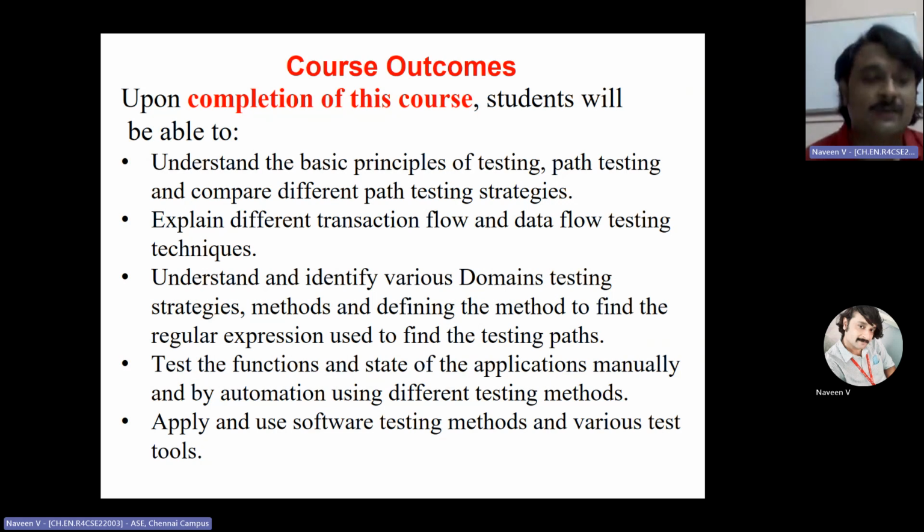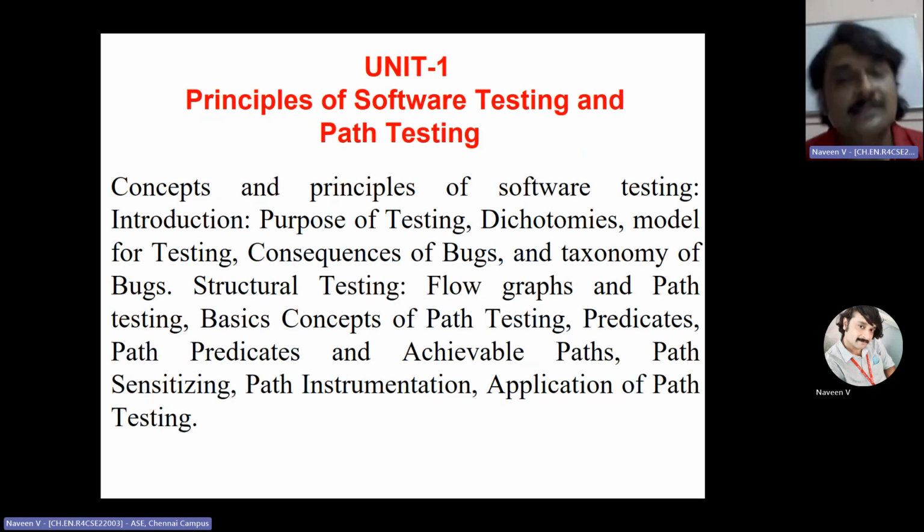Okay, so next we'll move on to unit 1. In unit 1 we are going to discuss the basic principles of software testing and path testing. In unit 1, we are going to have introductory knowledge about software testing: what is the purpose of testing, what are dichotomies, what are the models for testing, and what are the consequences of bugs and the taxonomy of bugs.